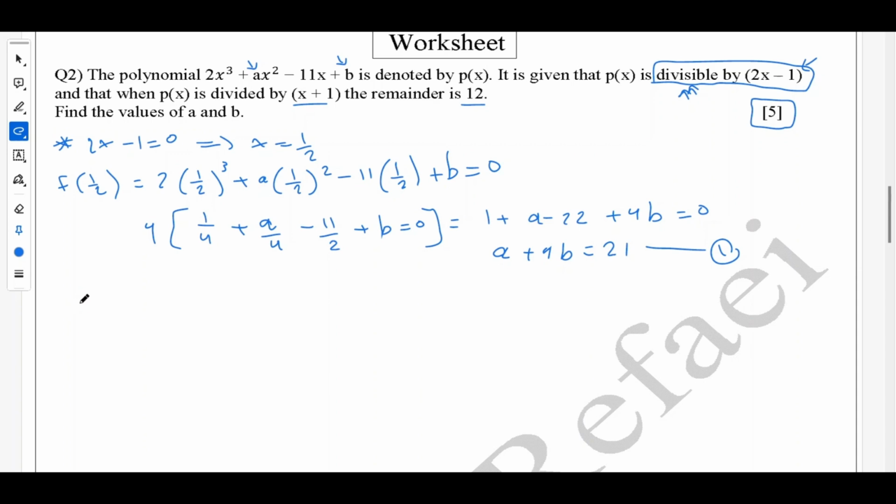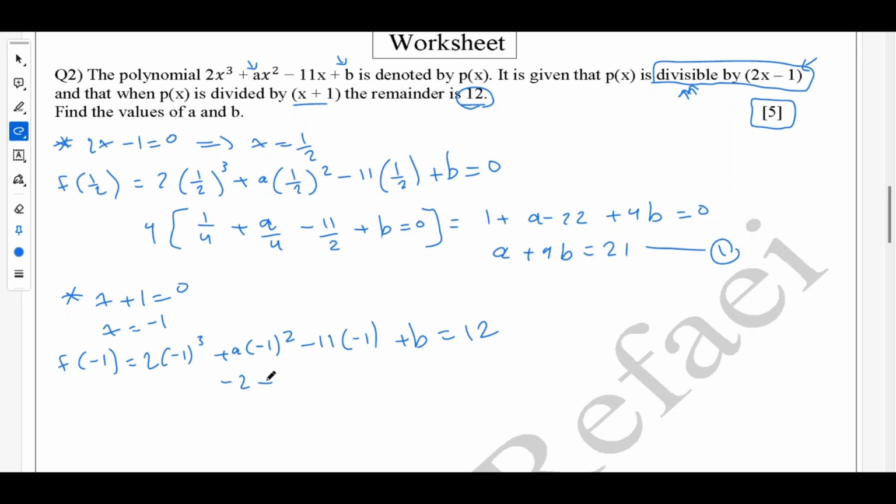Let's use the remainder theorem. x plus 1 equals 0, so x equals negative 1. f(negative 1) equals 2 by negative 1 cubed plus a by negative 1 squared minus 11 by negative 1 plus b equals 12.